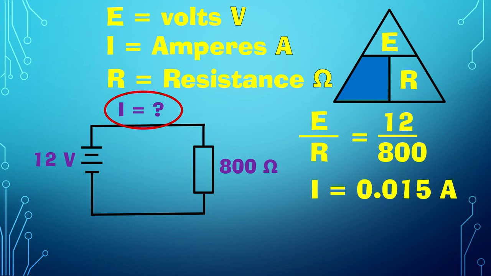Usually if we have a decimal in front like that, we'll go ahead and change that to milliamps. So that's actually 15 milliamps. A milliamp is 1,000th of an amp, so you just move your decimal 3 places to the right to change it to milliamps, or 3 places to the left to change it back to amps.